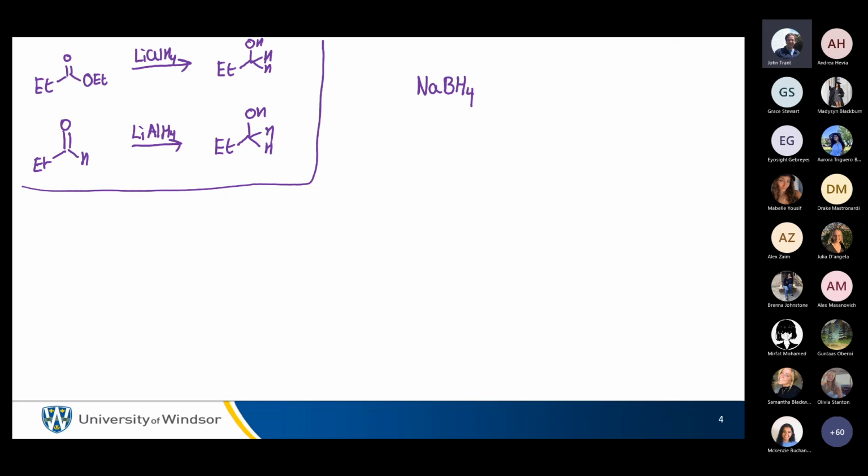So let's pause for a second and think, that looks a lot like lithium aluminum hydride. Boron is in the same column as aluminum.